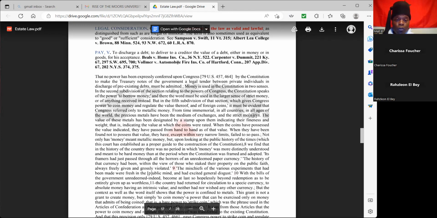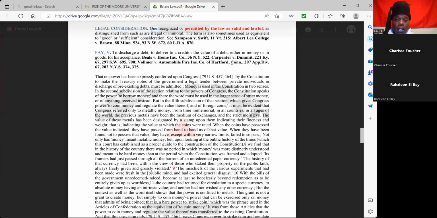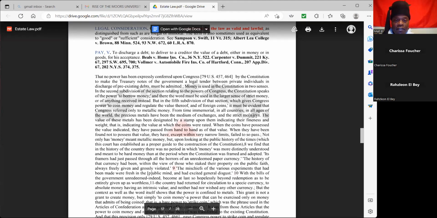And Bills versus Holmes Incorporated, as well as Carpenter versus Dummett, corroborates that fact in res judicata, which is connected to Article 4, Section 1.